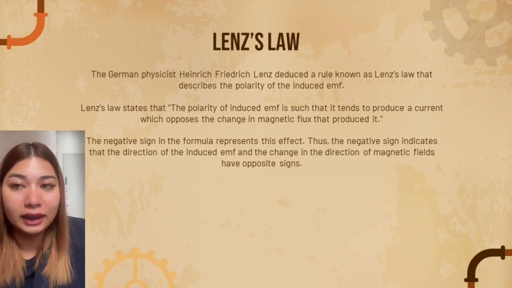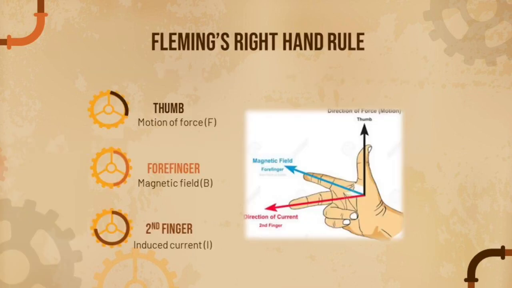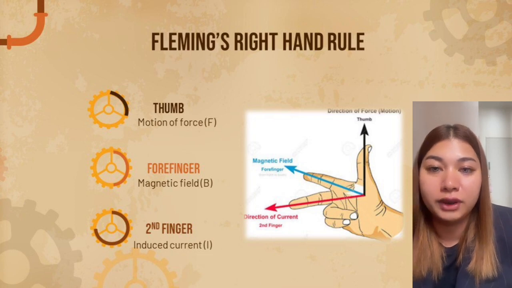The negative sign in the formula represents this effect. Thus, the negative sign indicates that the direction of the induced EMF and the change in the magnetic field have opposite signs.